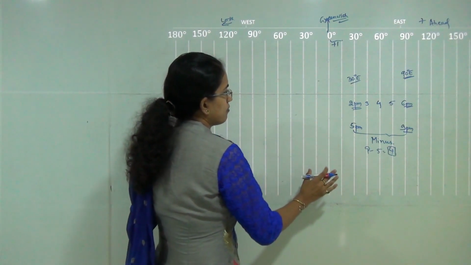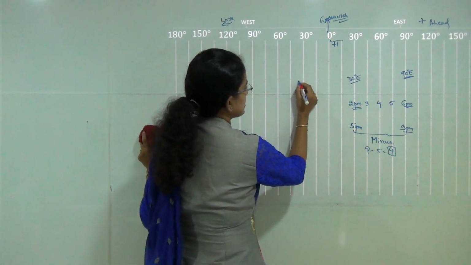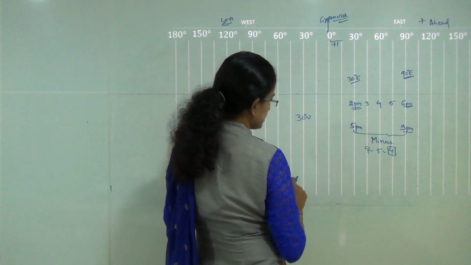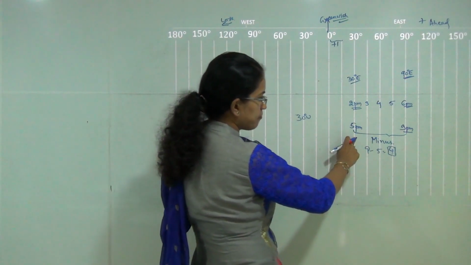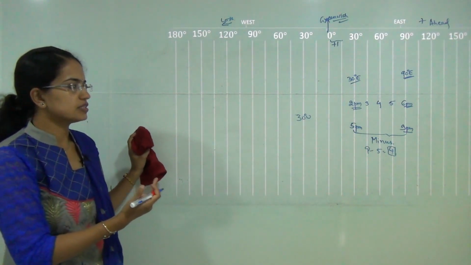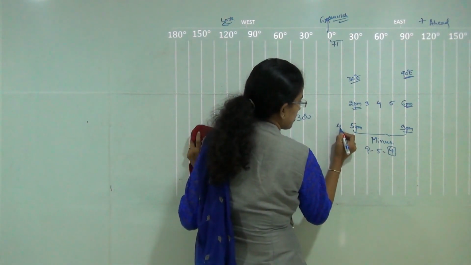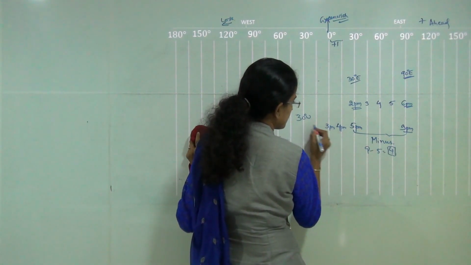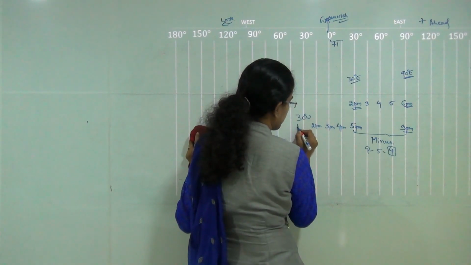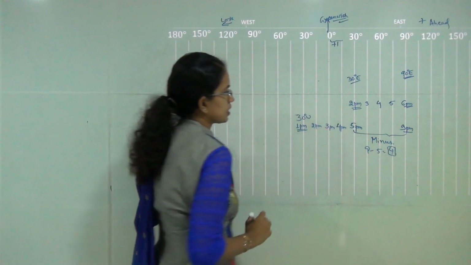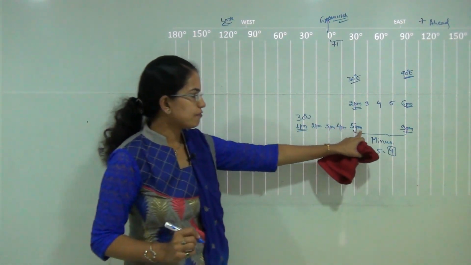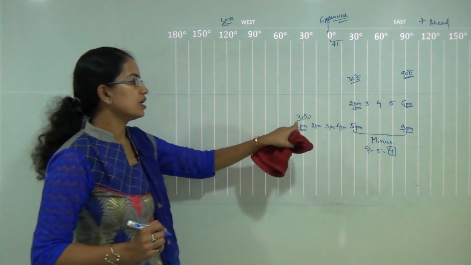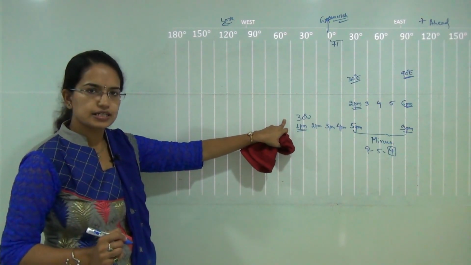Now, if I have another case, let's say 30 degrees west and 30 degrees east. Now I have the time which is 5 p.m. here. I am moving backwards. So it would be 4 p.m., 3 p.m., 2 p.m. and 1 p.m. So if it is 5 p.m. at 30 degrees east, it would be 1 p.m. at 30 degrees west.